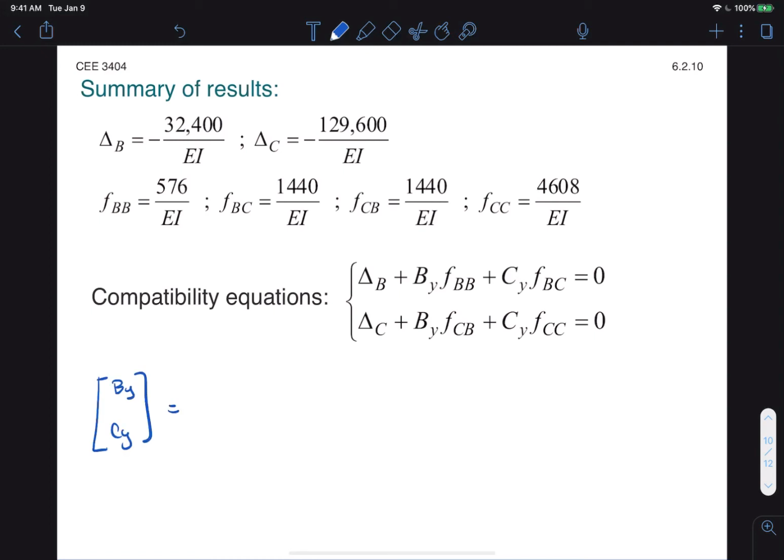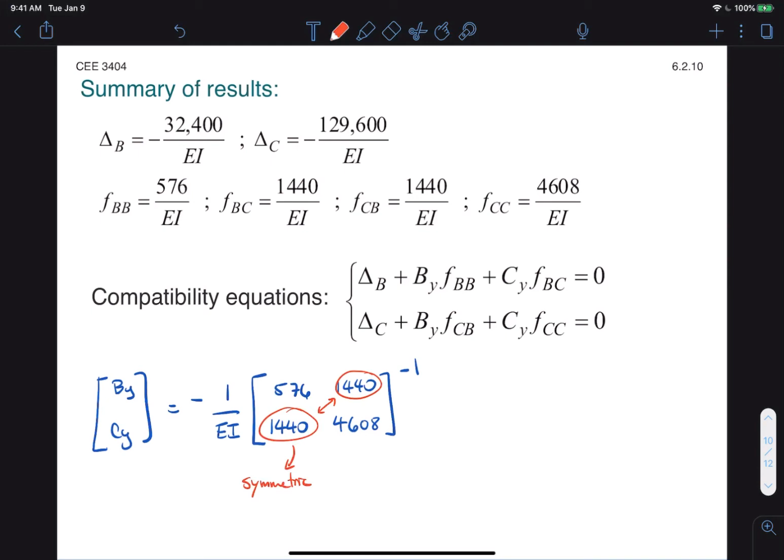So we have the vector BY, CY equal to negative the inverse of the flexibility matrix. Notice that by virtue of the values for FBC and FCB being equal, this matrix is symmetric. This will always be true as well. So the matrix will always be symmetric. That's a good way to check that you've done things right as well.